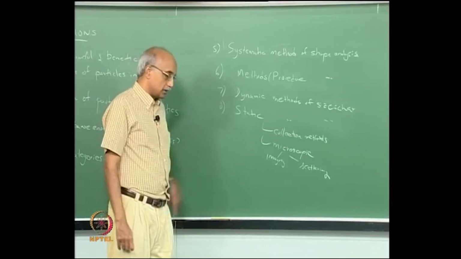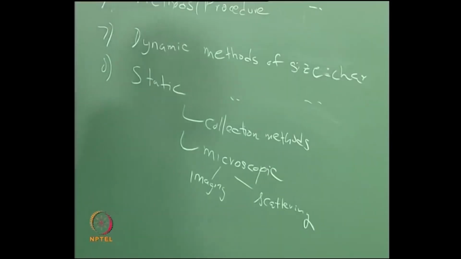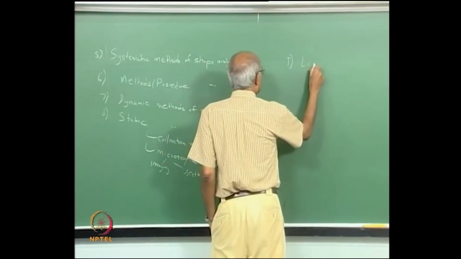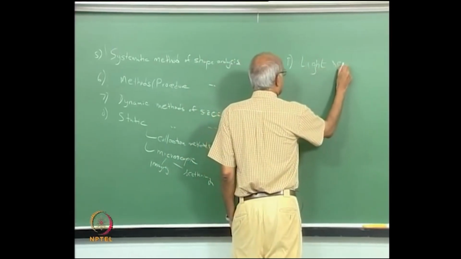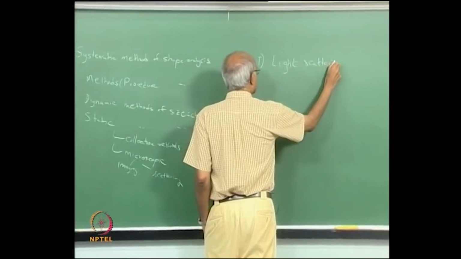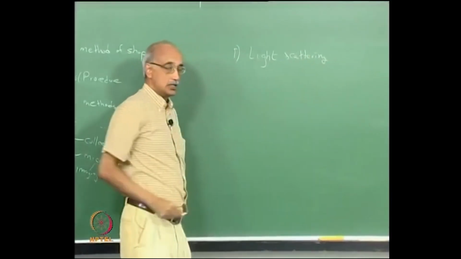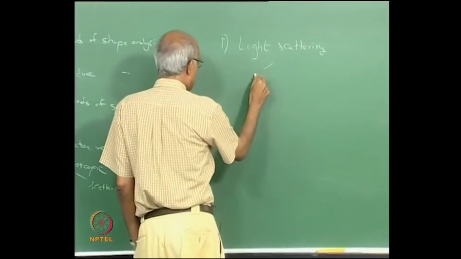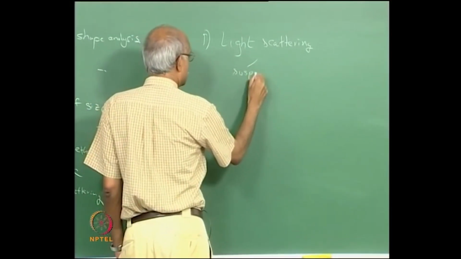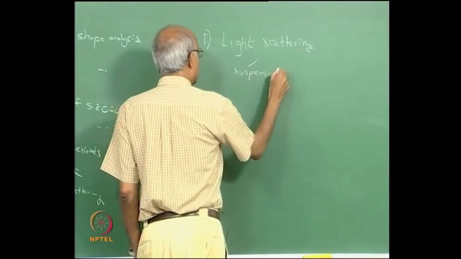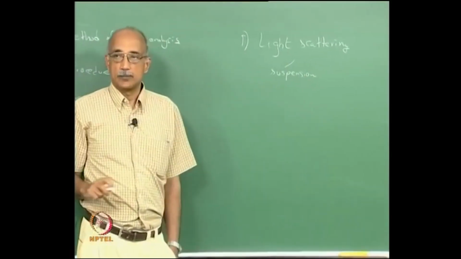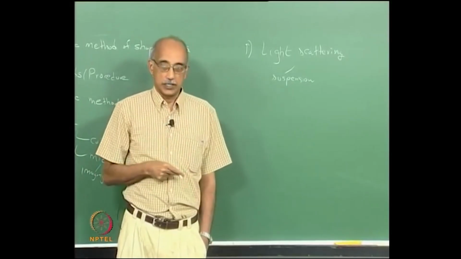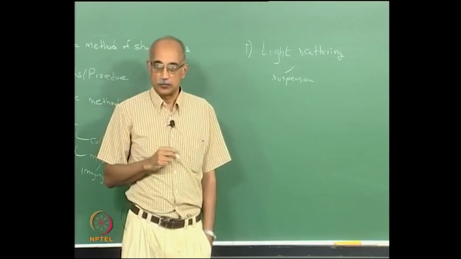And then again under static methods, we started to discuss light scattering based techniques in more detail. And here we actually covered two cases. You can look at light scattering or attenuation in a suspension using the Beer-Lambert law, which describes how a light signal is attenuated as it passes through a suspension of particles.